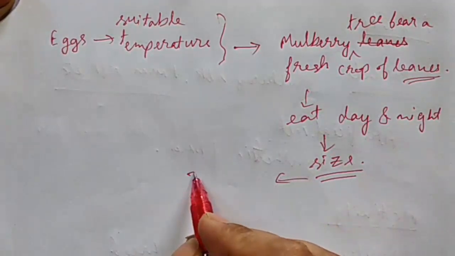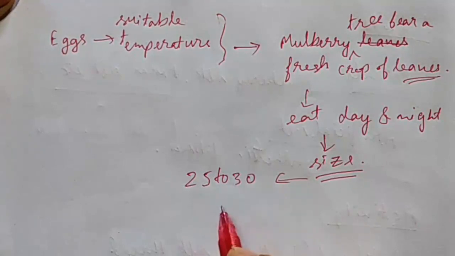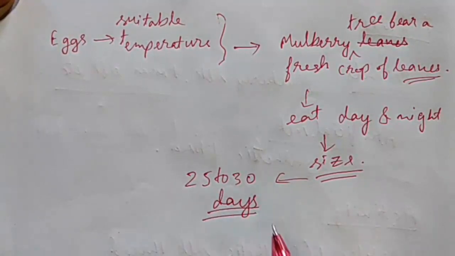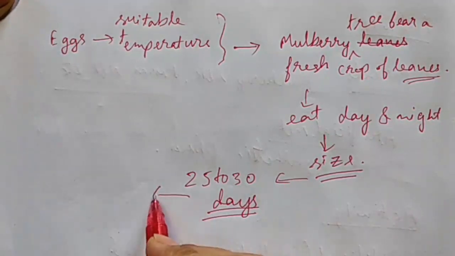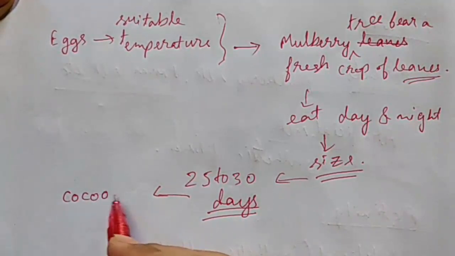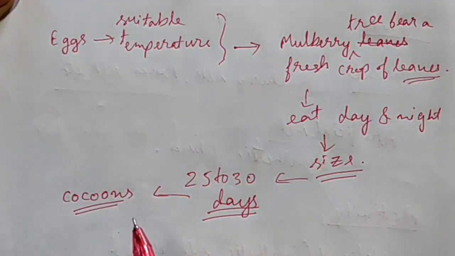After 25 to 30 days, the caterpillars stop eating and move to a tiny chamber of bamboo in the tray to spin cocoons. Small racks or twigs may be provided in the trays to which cocoons get attached. The caterpillar or silkworm spins the cocoon, inside which develops the silk moth.